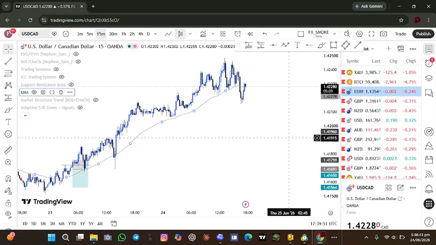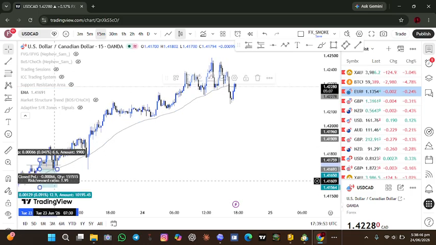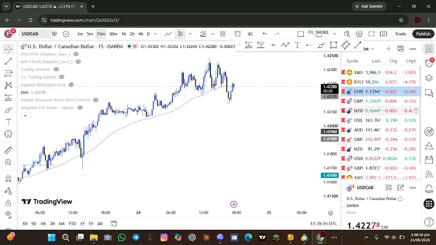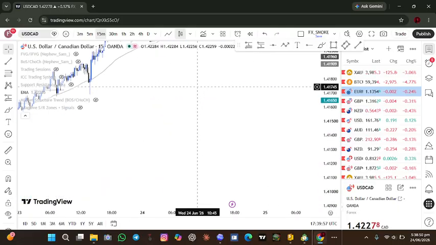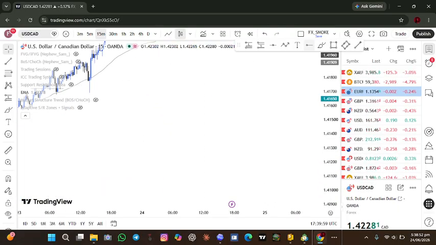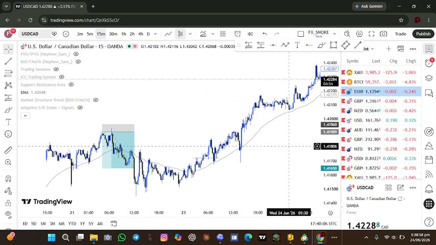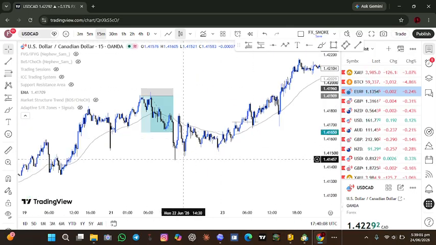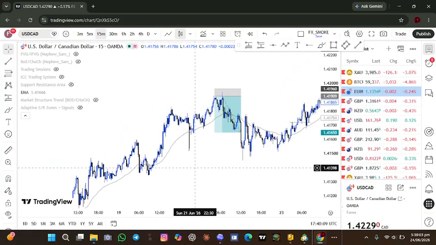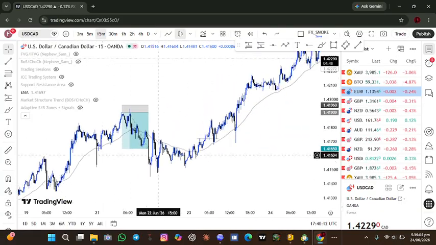So what do I want to do right now? Anytime price is above our EMA, the EMA is moving with price, and you can see it has been used as support and resistance a couple of times.